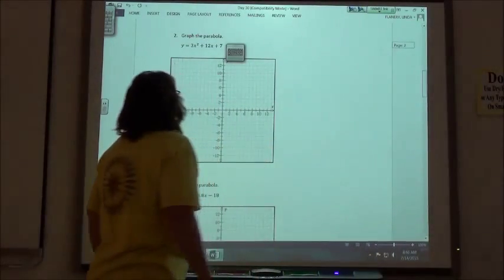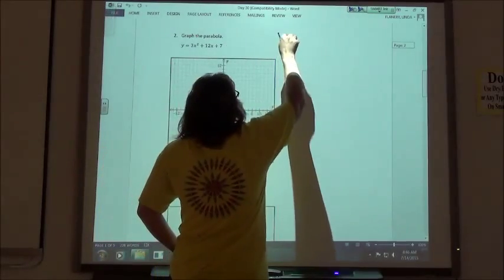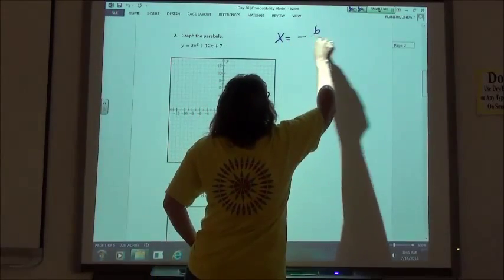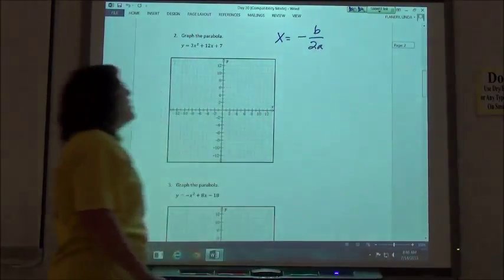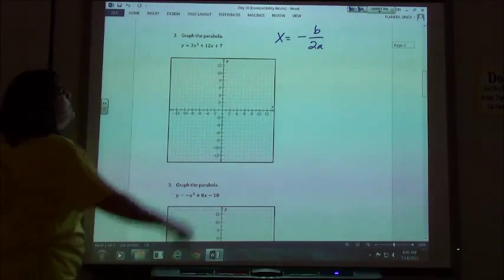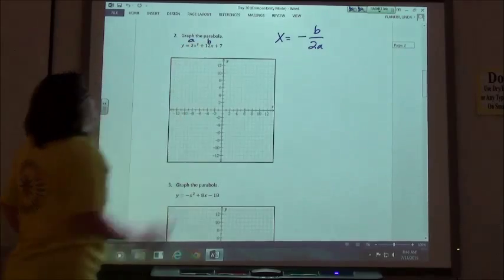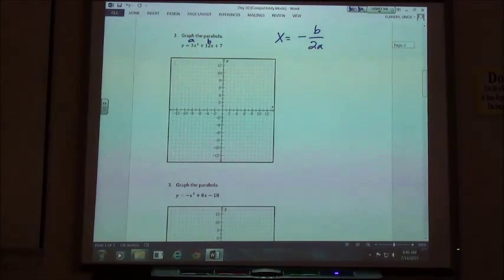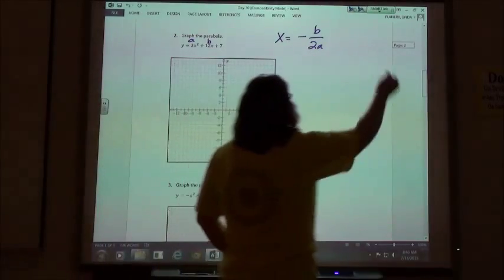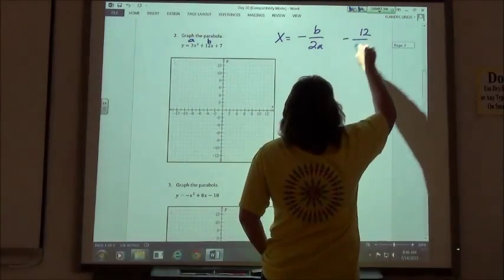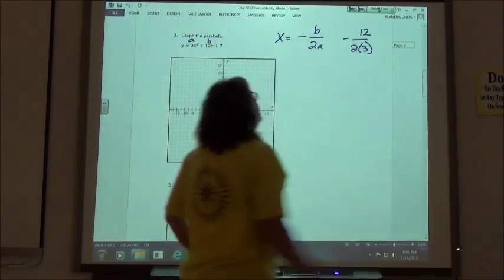So number 2, if we want to graph our parabola, first thing we're going to do is find the x value of our vertex. So we're going to do minus b over 2a. Our b value is going to be 12. Our a value is going to be 3. So I'm going to have minus 12 over 2 times 3.